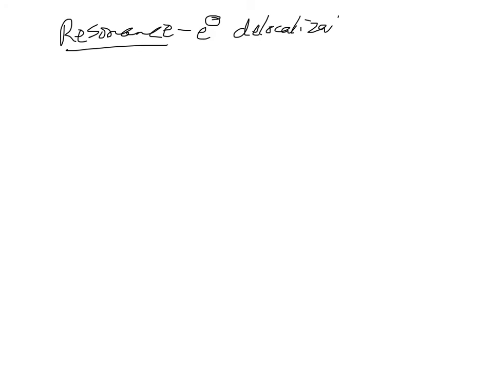So let's look at resonance, right? So delocalization of electrons and how that can affect wave numbers. The example we talked about a couple times in class was an amide, right?